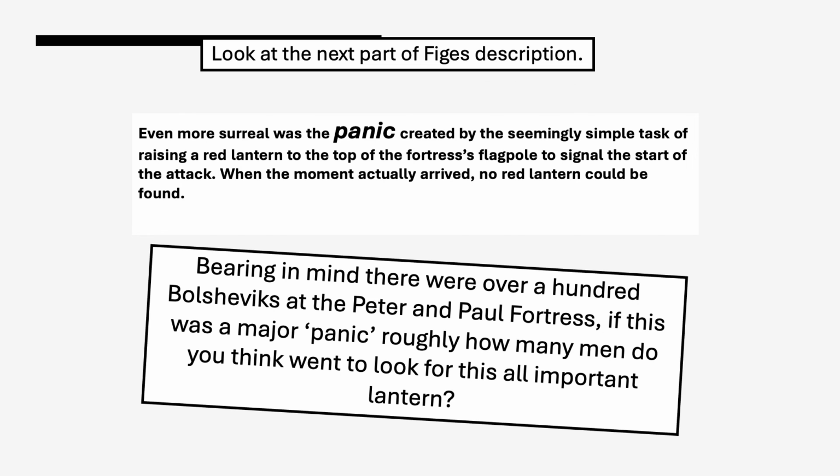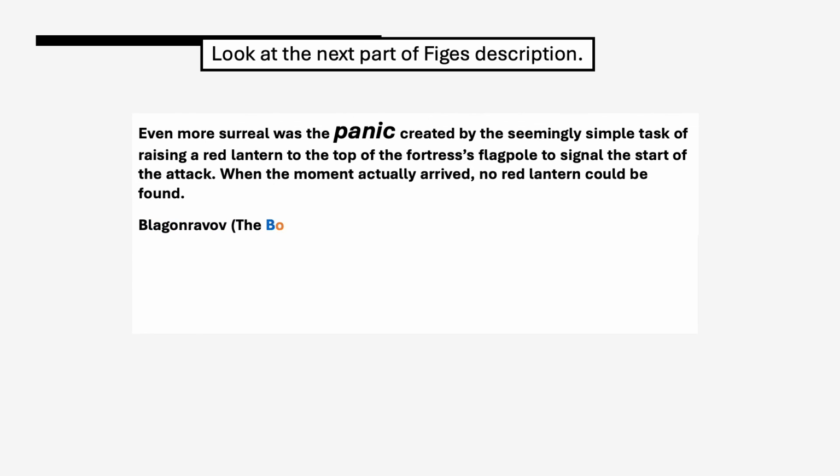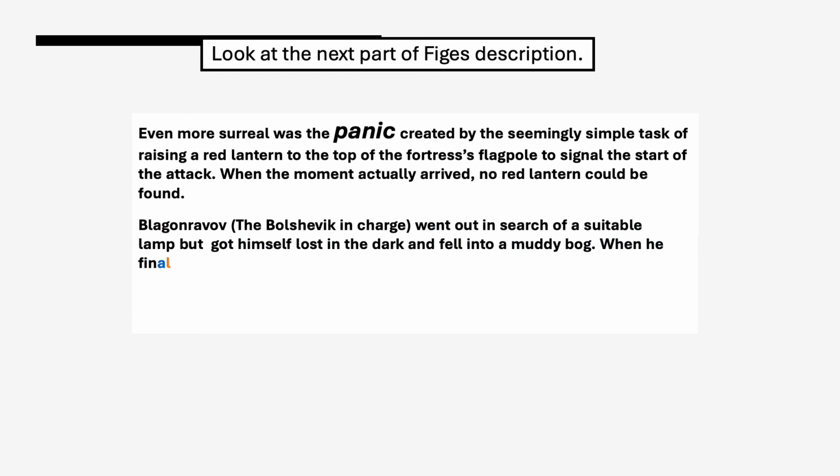Then I ask the class, bearing in mind that there are lots and lots of Bolsheviks waiting at the Peter and Paul fortress for the start of the attack, if this was truly a major panic, how many men would go out looking for this lantern if they were panic stricken? We have a chat, 2, 5, 10, 20, kids vote, and then I read them the next part of the extract.